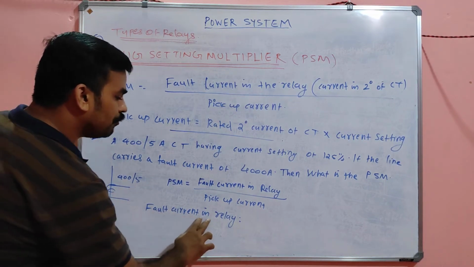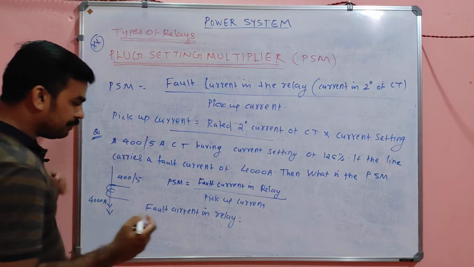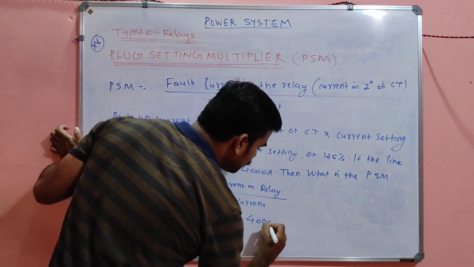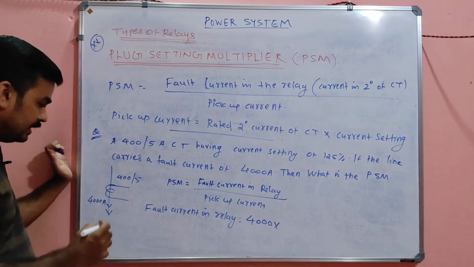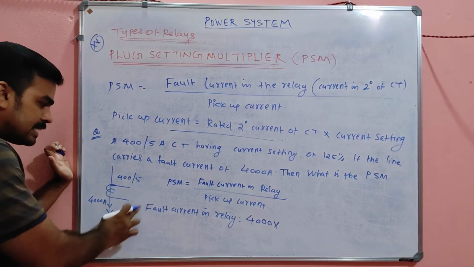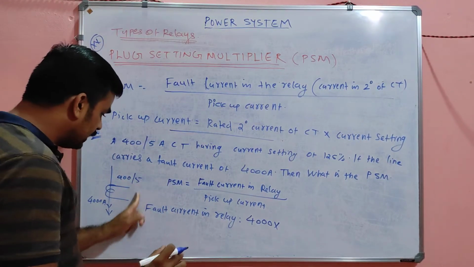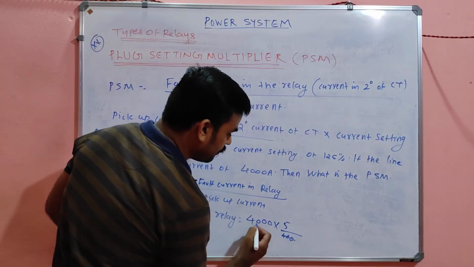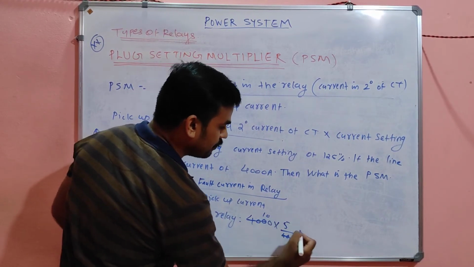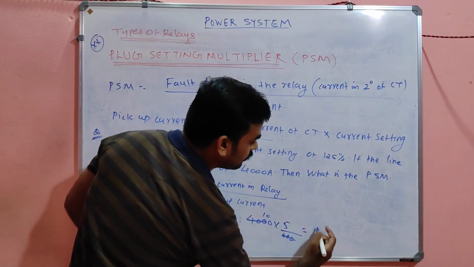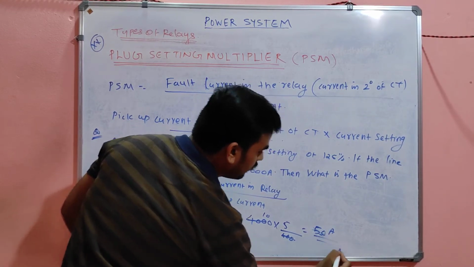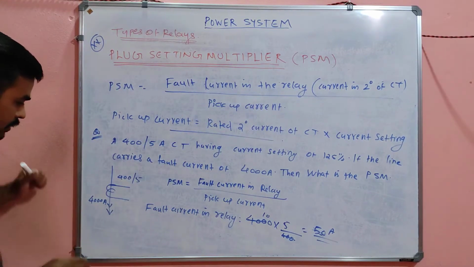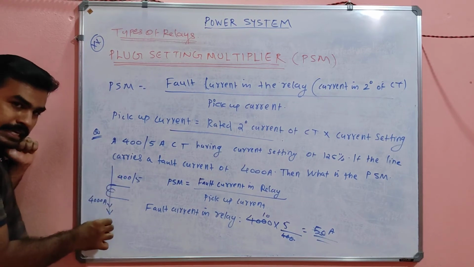So what will be the fault current in the relay? If the fault current in the line is 4000, does that 4000 pass through the secondary of the CT? No, the secondary will carry only 50 ampere. Correct, my dear? The 4000 is on the load side, or in the line.